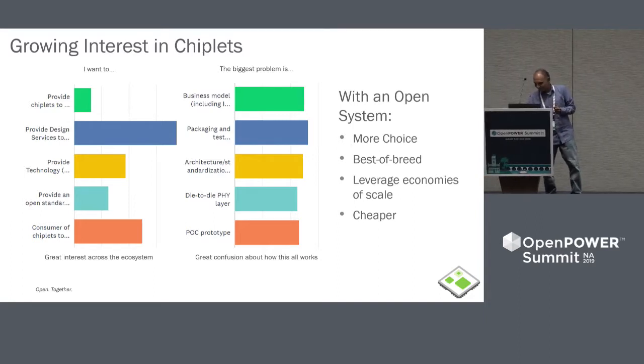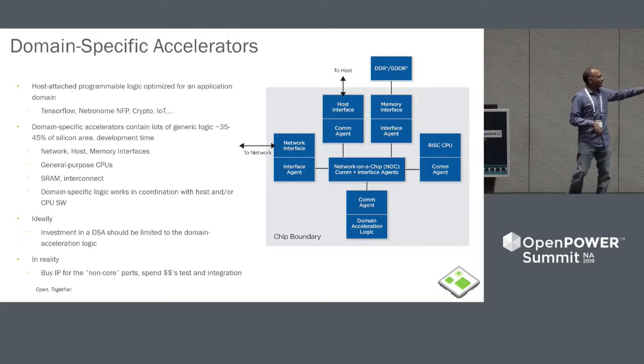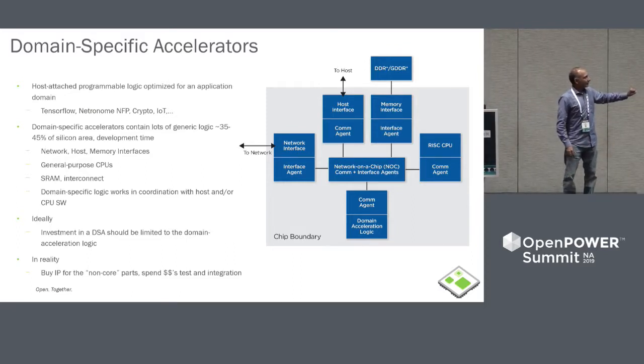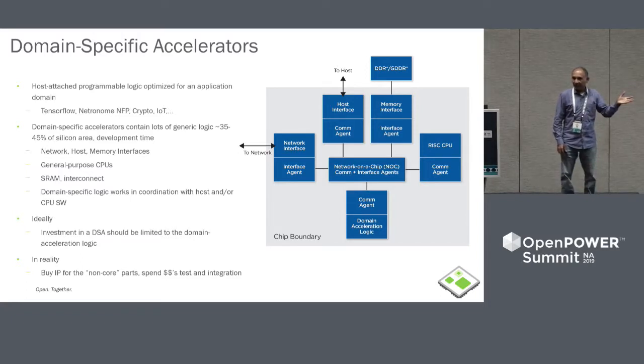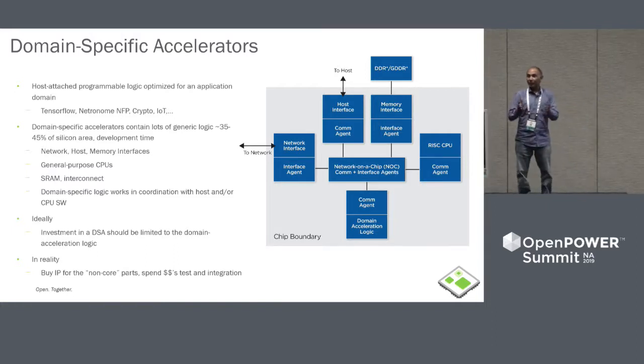So what got us motivated was that when you look at a domain-specific accelerator, roughly 35 to 40%, or sometimes even 45%, of your die area goes to commodity logic. It doesn't go to differentiated logic. That commodity logic can be network I/O, memory I/O, host I/O, internal memory, network on a chip, whatever.